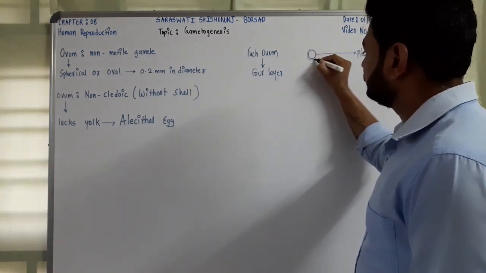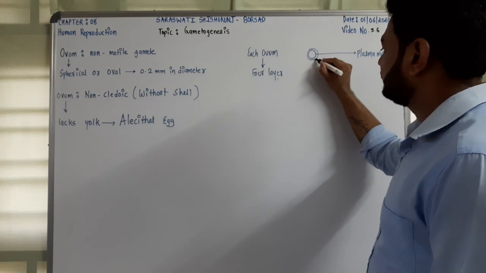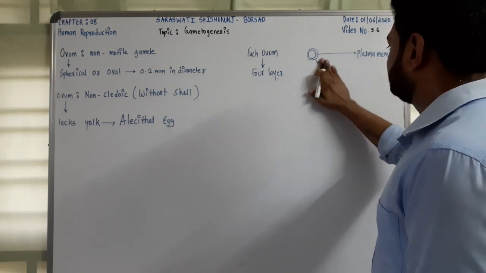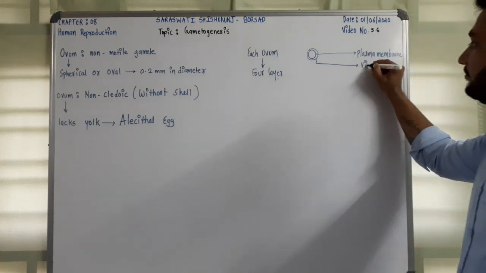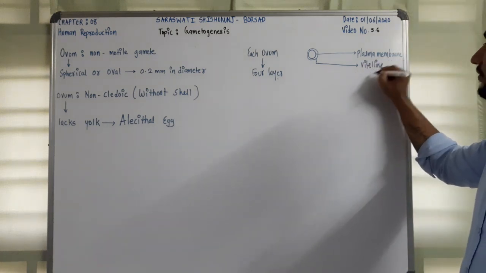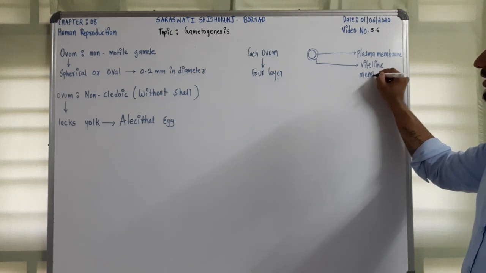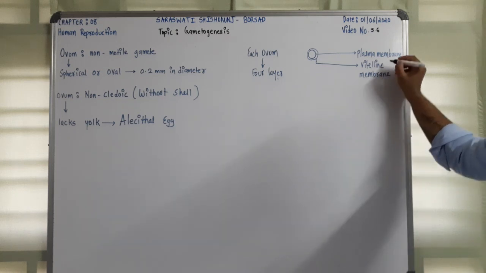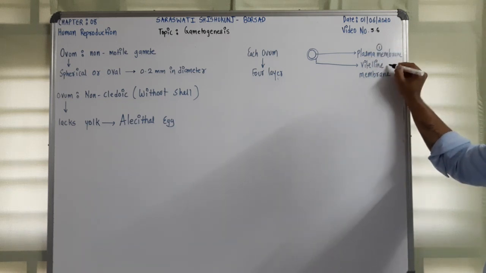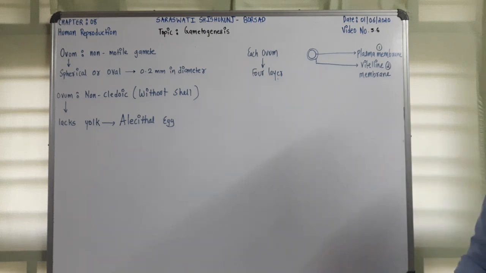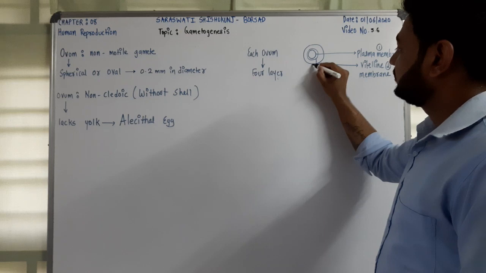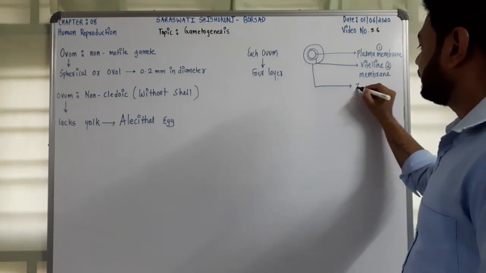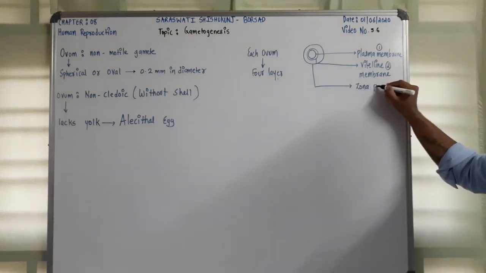Attached to it there is another layer, the second one, a thin vitelline membrane. Okay, students, so this is the innermost first, and outer to it is the vitelline membrane. Then there is a glycoprotein-rich layer. The third layer is the zona pellucida.